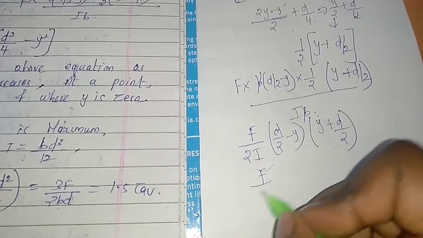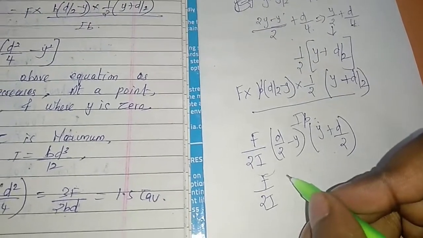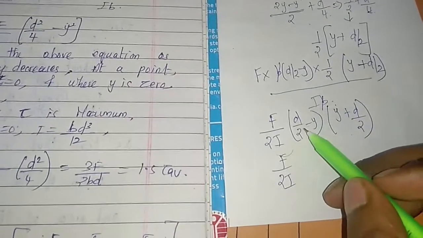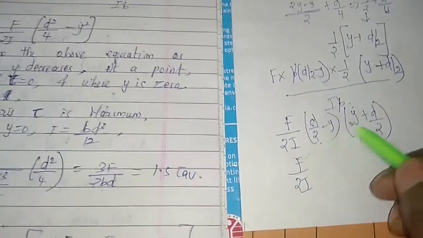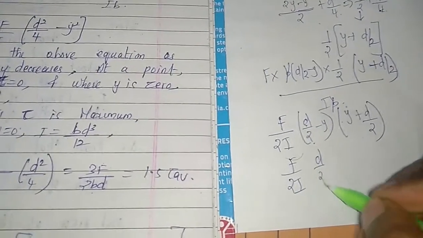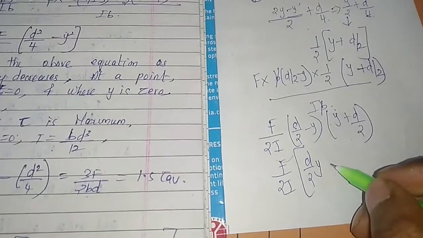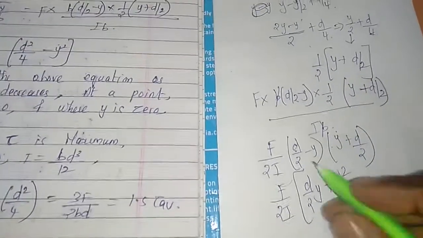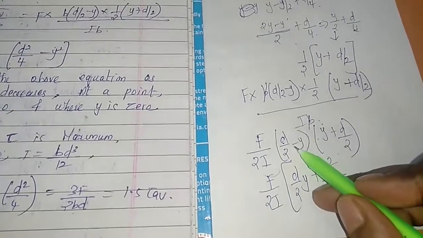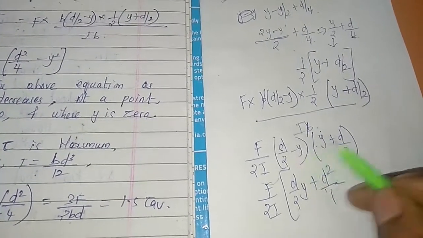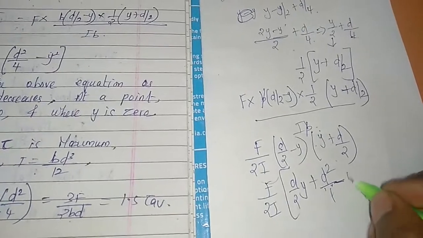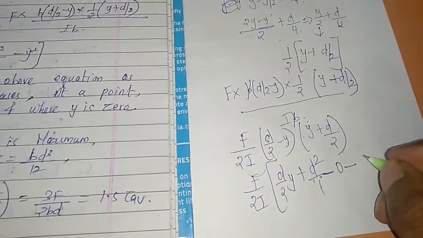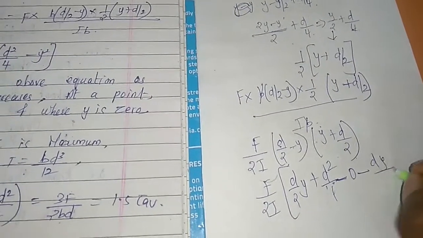Here F by 2I into d by 2 into y plus d by 2 into y plus d square by 4. d into d square by 4 minus y into y, what? 0, minus 0, minus y into d by 2, minus dy by 2.